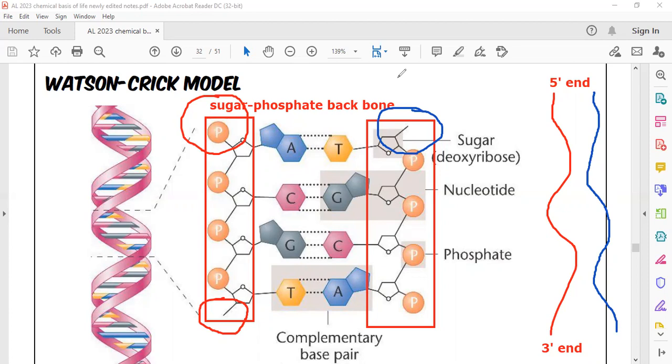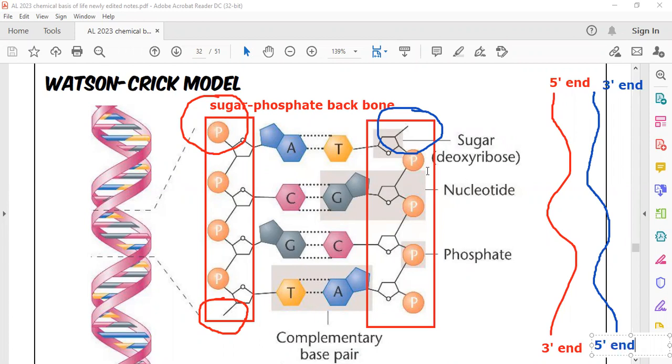The upper one is the 3' end. The bottom one is the 5' end.